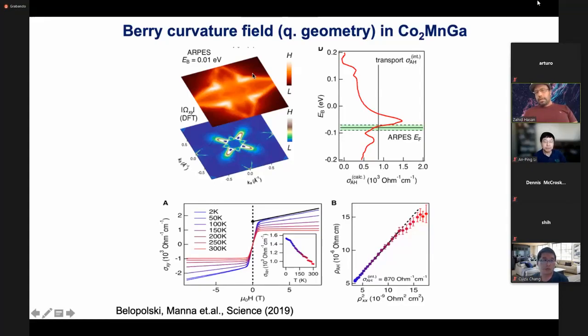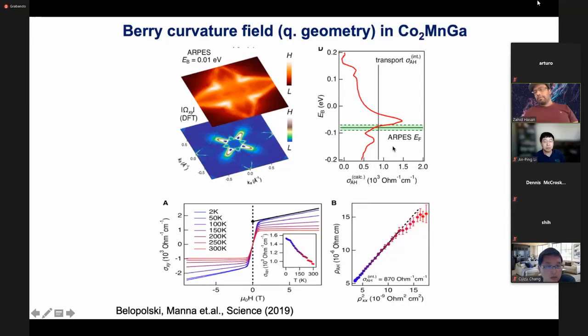We said that if we take this Weyl loop topology from RPS and predict what the Berry curvature field distribution should be, then we can predict transport, like anomalous Hall transport, because if I know the Berry curvature field distribution, I know everything topological about it regarding transport.